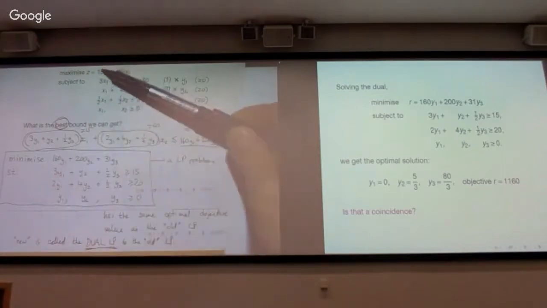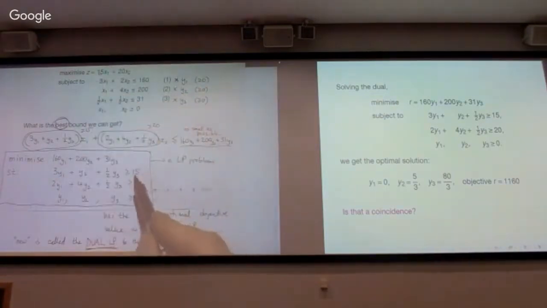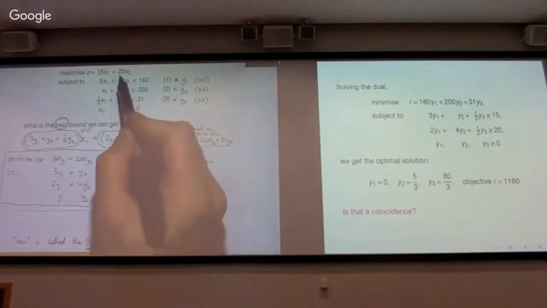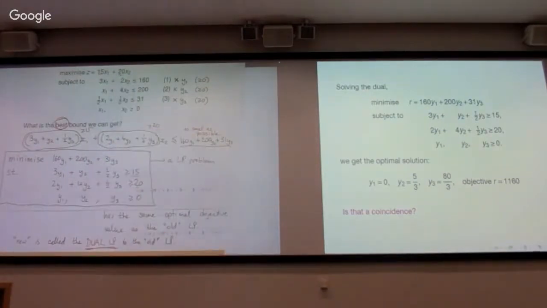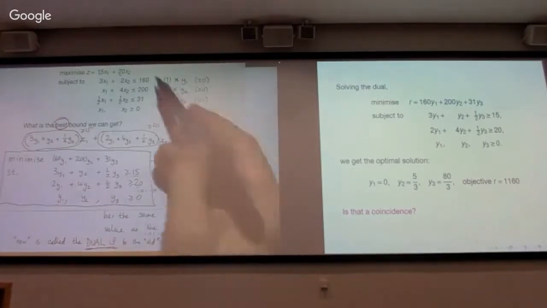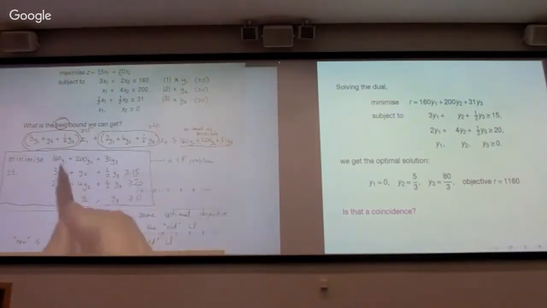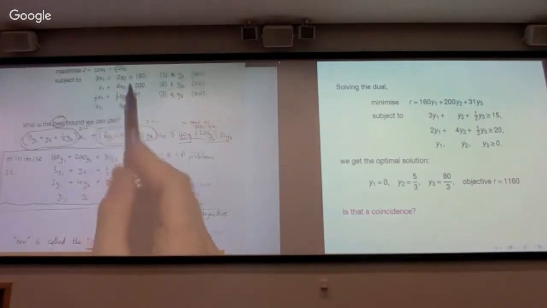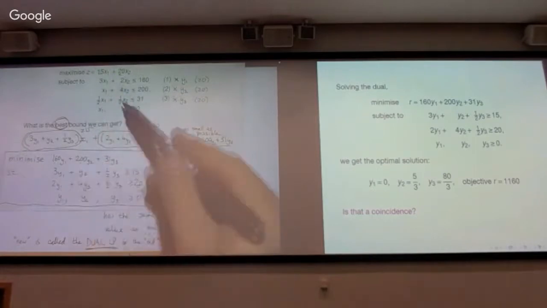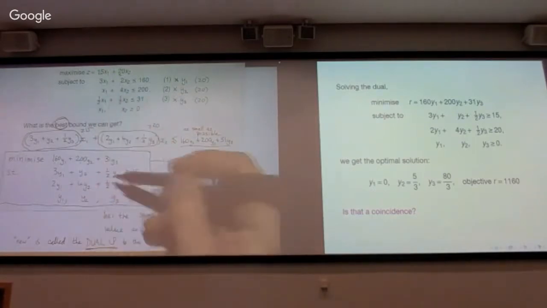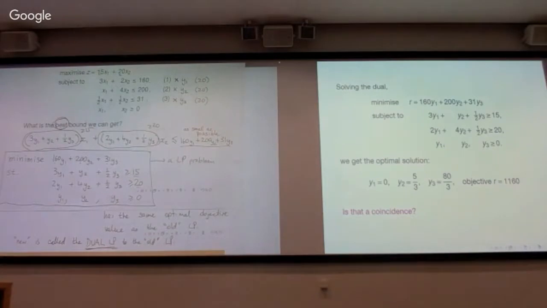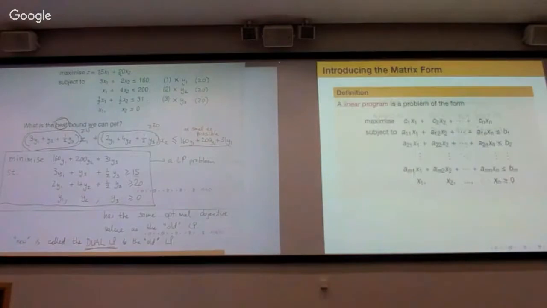Okay, so the 15 here is the 15 from this constraint, and the 20 here is the 20 from this constraint. And then these 160, 200, 31 get into the objective, and the coefficients around here, so 3 and 2, 1 and 4, half and half, kind of got transposed, the matrix.